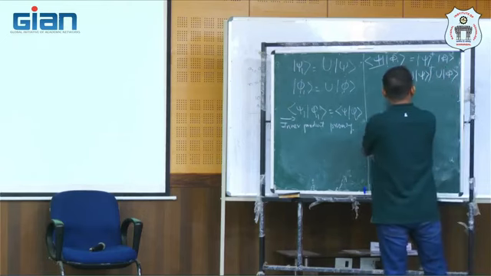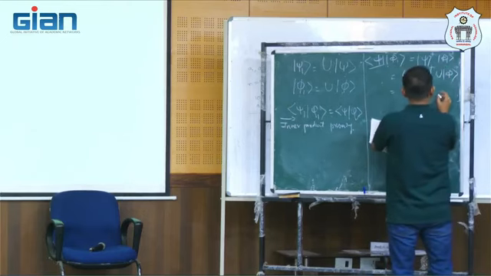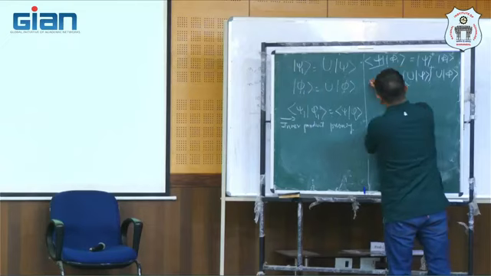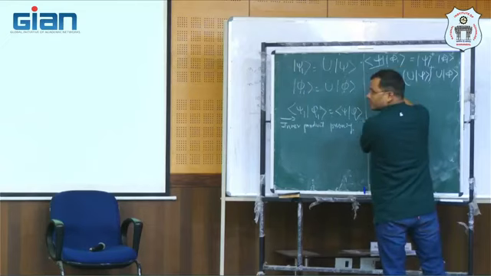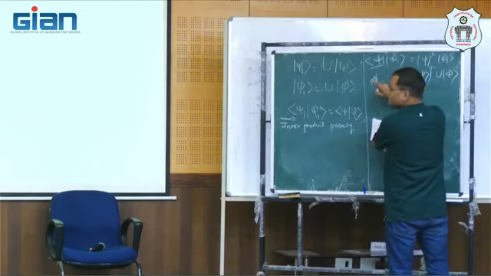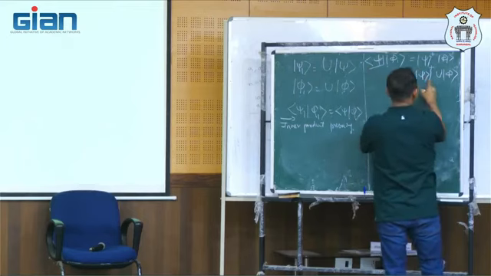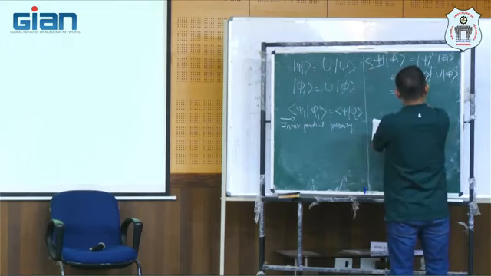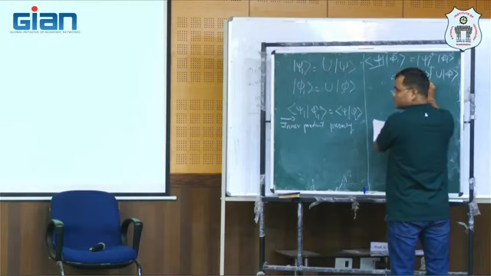Now, what is (AB) dagger? Remember the formula? B dagger A dagger.